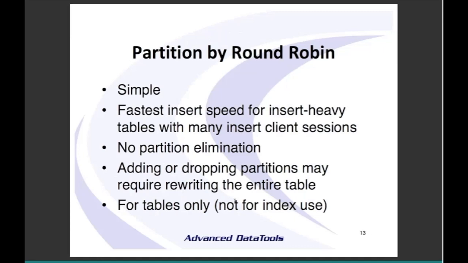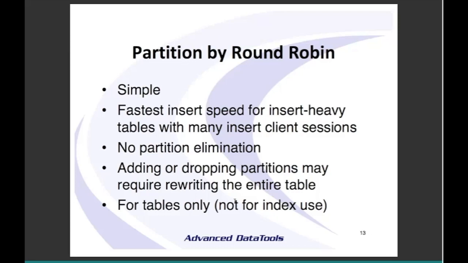There is no partition elimination. There is nothing in your query that can say only look at this partition. So if you do any query, it has to look at all 4 partitions. And so it's not going to help your speed of queries. Also, dropping or adding a partition will require rewriting the whole table. And so that can be a problem.